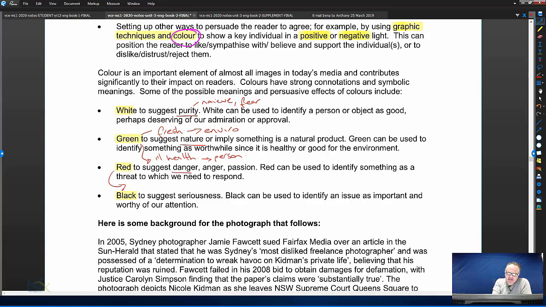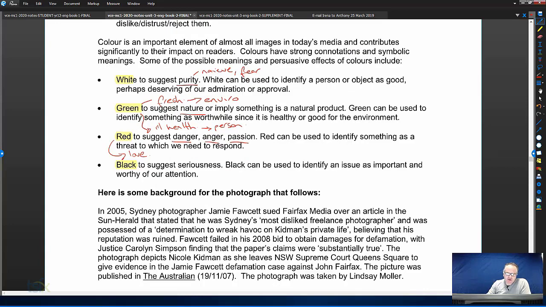So red here, danger, anger, passion, real intense emotions are really important. But notice that sometimes those emotions, danger and anger, frustration, jealousy might all be connotations of red, but passion or love, more positive ideas, might be associated with it as well.